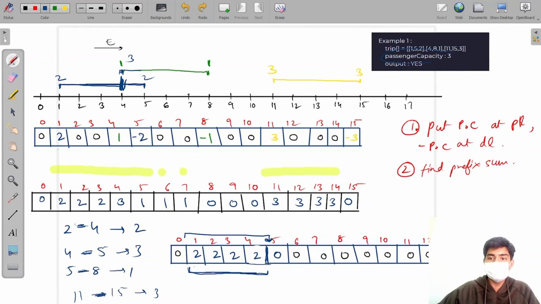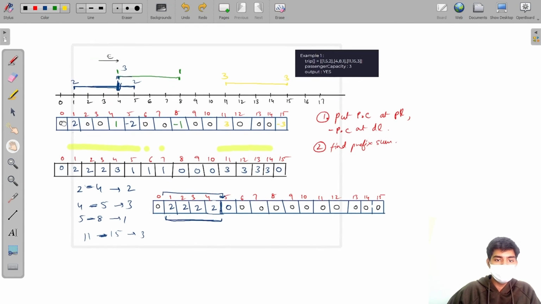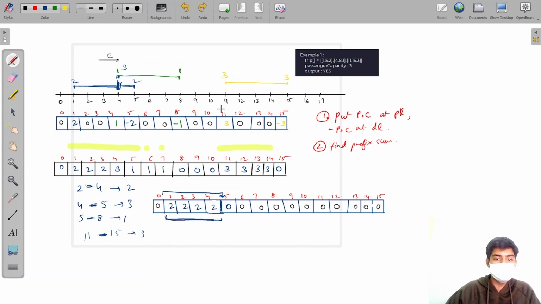My passenger capacity is 3. But at any moment, do I have a point where my passenger count exceeds my passenger capacity? No, right? It is less than or equal to my passenger capacity.